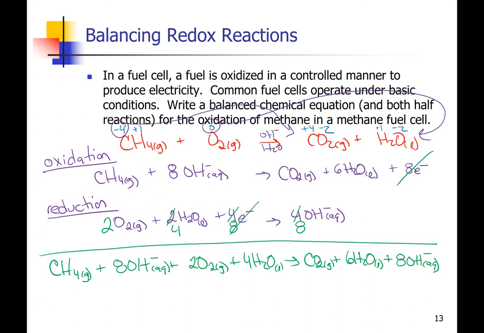But that's very important information. It's really the whole reason we went through this process, is to note that the number of electrons that were transferred in this reaction per unit as written is 8.